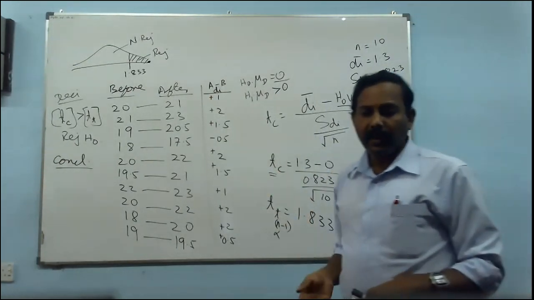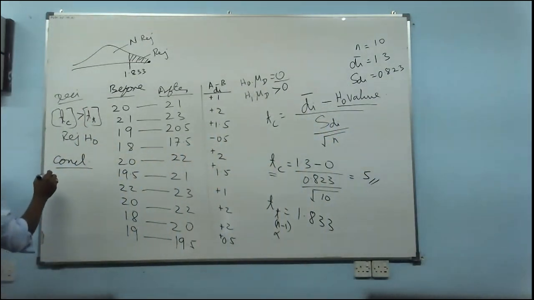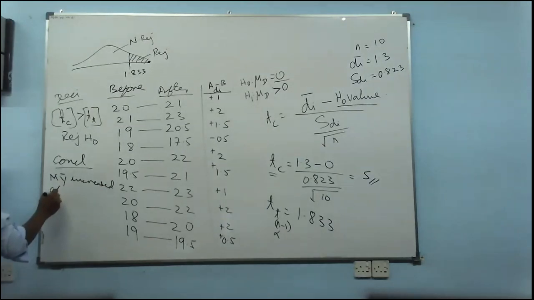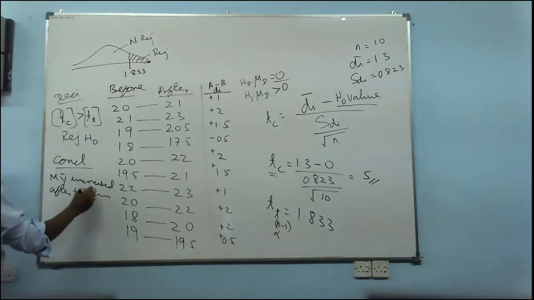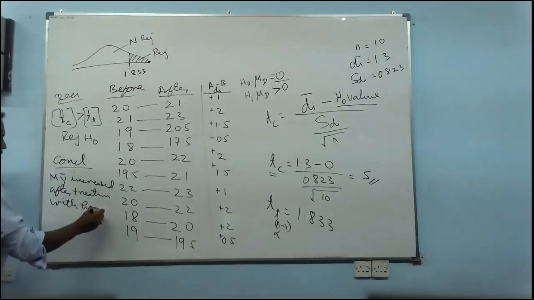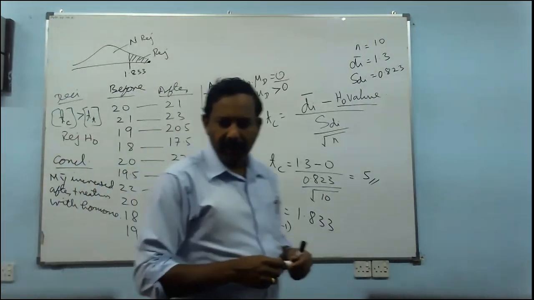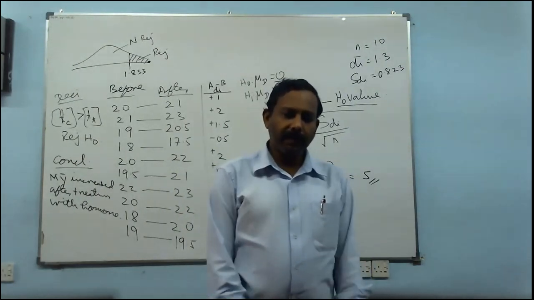But this is greater than 0, so we could say there's evidence that milk yield increased after treating with a particular hormone. If you have the hormone name, you can say milk yield has increased. So that is the conclusion.